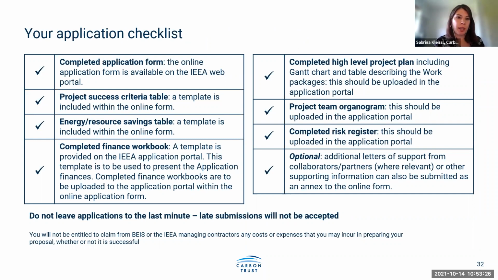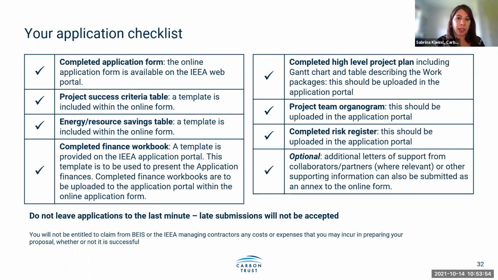So it will be a completed application form, that's the online form, which you can access and is available on the IEEA website. A project success criteria table and energy resource saving tables, both templates are part of the online form. Finance workbook. Again, you will find the template provided on the IEEA application portal.